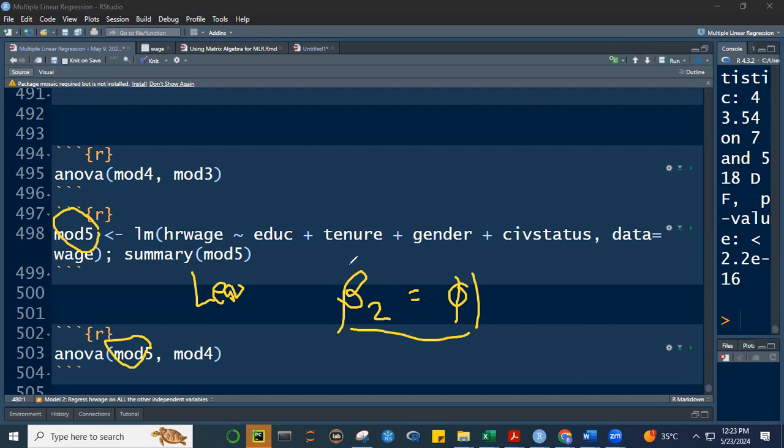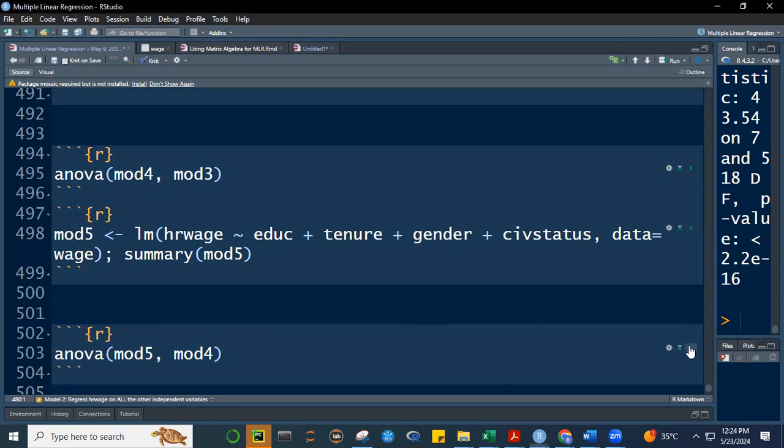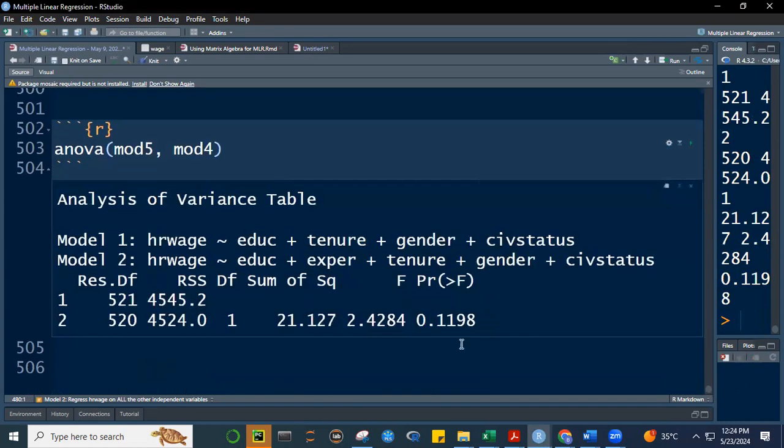All right. So if I run this, delete again, and test whether our model is okay or which model is better, there. Again, class, 0.11, 0.12. So the hypothesis that beta 2, which is experience, is equal to 0, we fail to reject that.